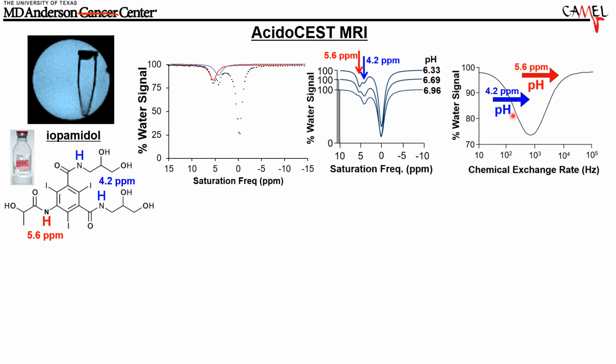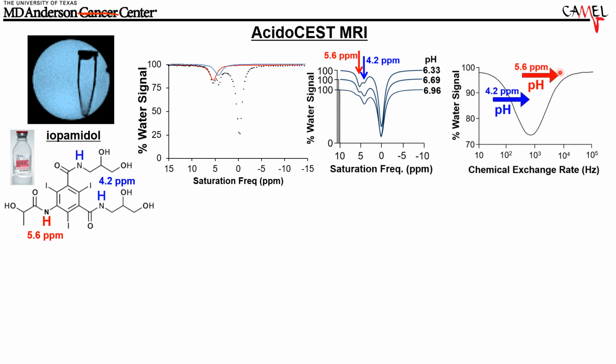And this is because OH hydroxide ions like to come by and pluck off these hydrogens at high pH. So as the pH gets higher, the chemical exchange rate increases for both of these protons. Well, the proton at 5.6 ppm is already exchanging relatively fast and is at a good rate of exchange to generate a good CEST effect.